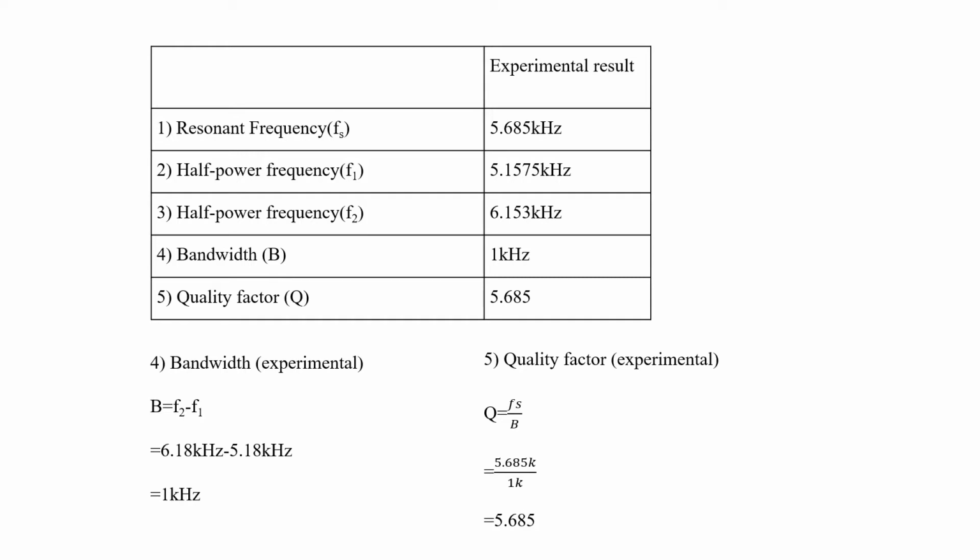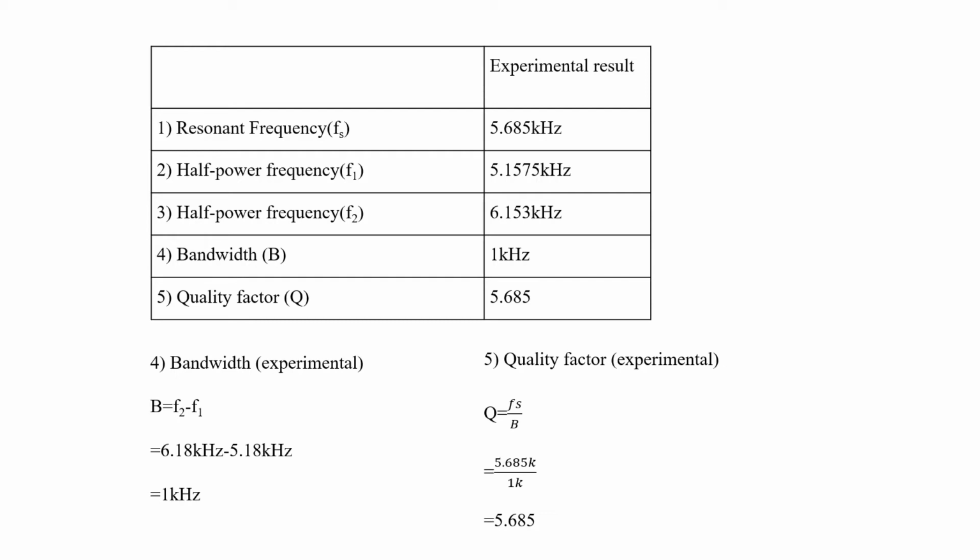From the graph, we get the resonant frequency Fs equal 5.685 kHz, and then half power frequency F1 equal 5.1575 kHz, and then half power frequency F2 equal 6.153 kHz. And then we calculate the bandwidth of the graph by using F2 minus F1, which gives a bandwidth of 1 kHz.